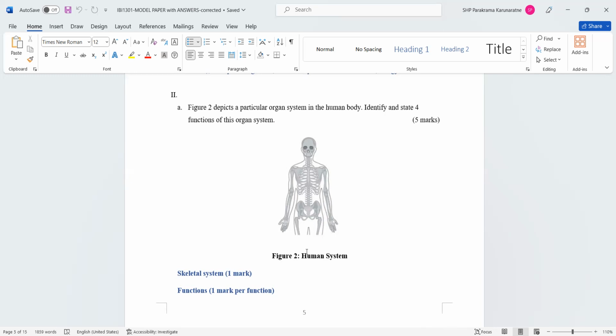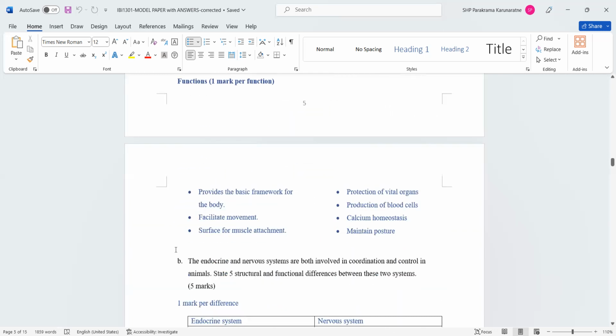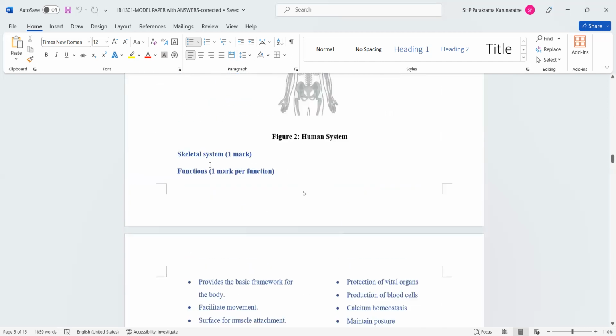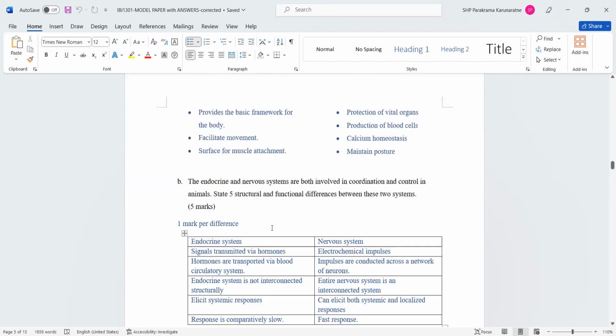In the lower part of the digestive system, absorption, and at the end, the anus is there to throw away the undigested food. Likewise, when a system is given, you can think and write 4 functions. If you write them, you get 4 marks.